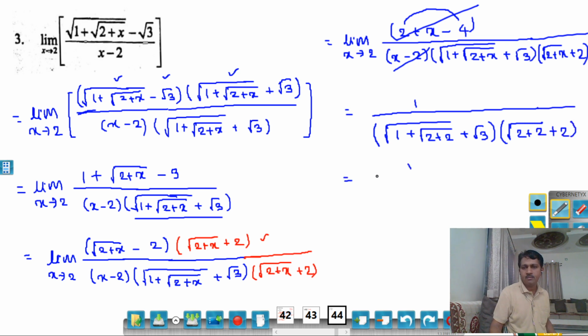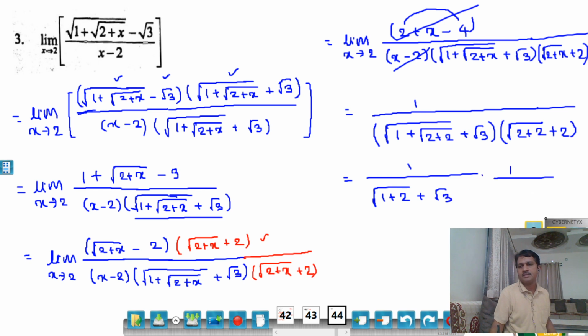That comes to be 1 upon under root of 1 plus 2, that is root 3, plus, again, under root of 2 plus 2, that is 4, its square root is 2. So this is root 3 plus root 3, 2 root 3, and there is 4 in multiplication in the denominator.